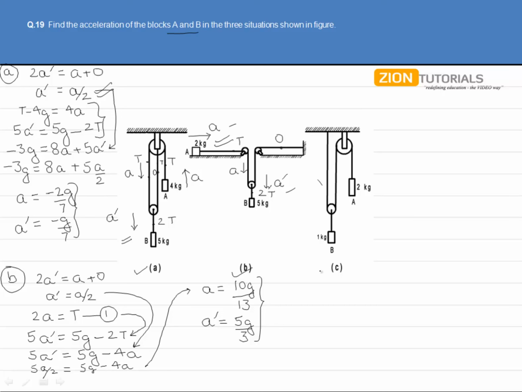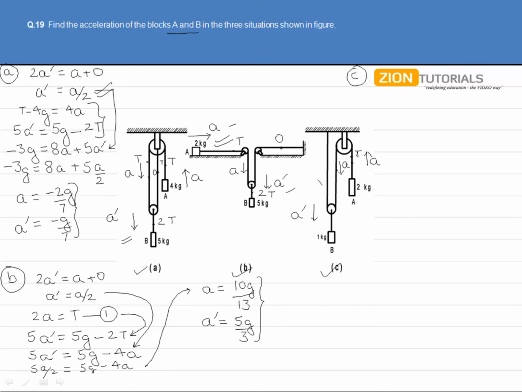Now let us move to the third part of the question, that is the C part. If we assume the acceleration a of the block A in upward direction, then this string will be having a in the downward direction and of B to be a' in the downward direction.